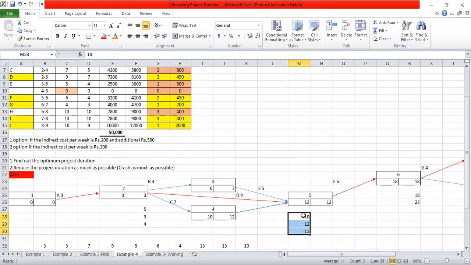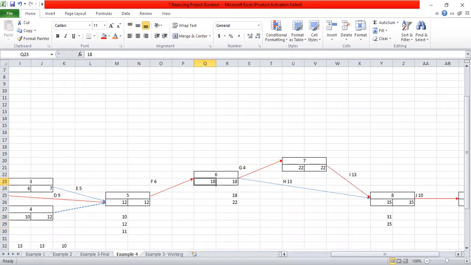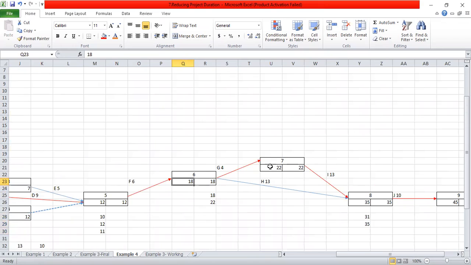As we are doing the forward pass calculation, you have to take the highest value. So the highest value is 12. To that 12, you add 6, that is 18. To that 18, you add 4, so it is 22.